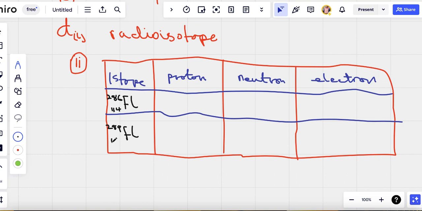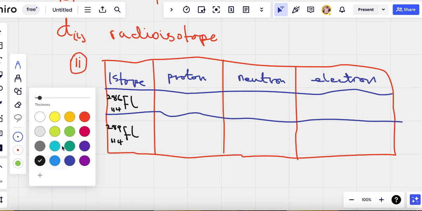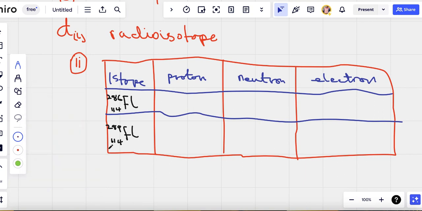Here 114, atomic number. Remember, isotopes are atoms of the same element that have the same number of protons but different mass number. That's isotope. So here the number of protons is 114.